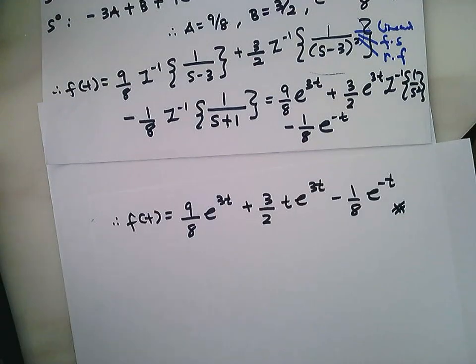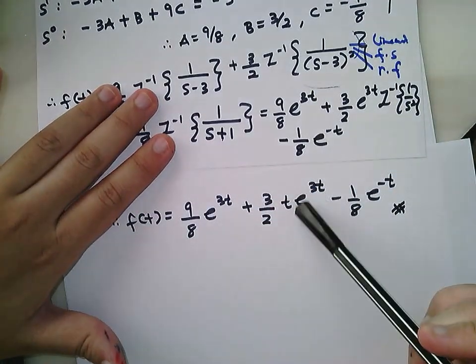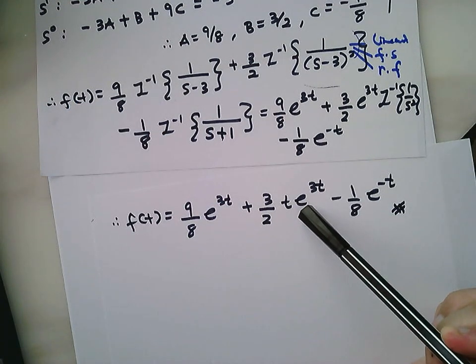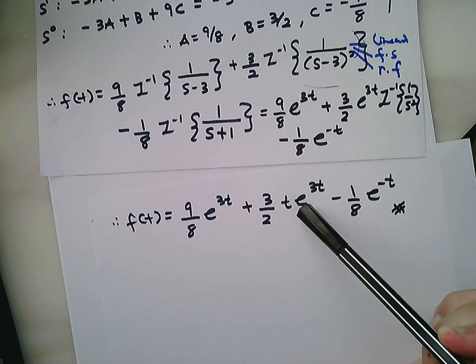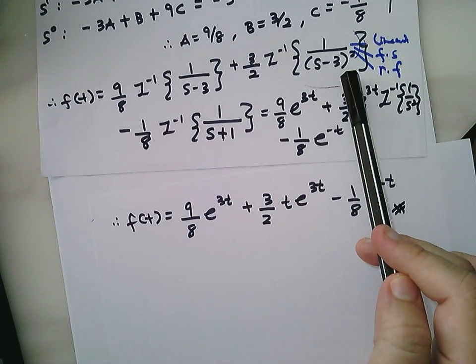If you don't know how from this one I get the function t e to the 3t, please go back to my previous video on first shift properties, inverse Laplace transform. This is case 1 in first shift properties, inverse first shift.